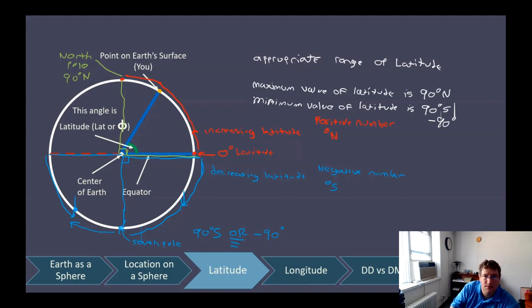So in essence, latitude goes from negative 90 degrees to positive 90 degrees. If you ever see latitude outside of these ranges, you know that it is an invalid measurement.